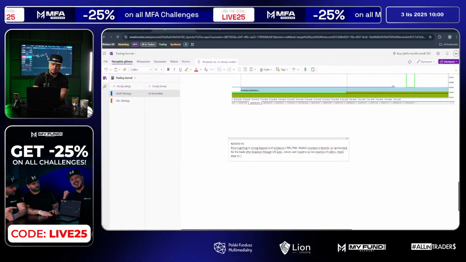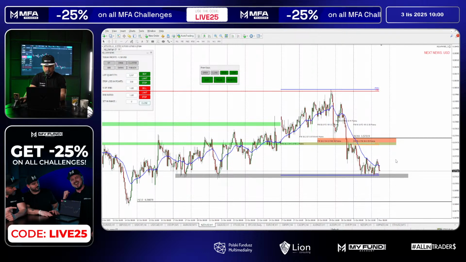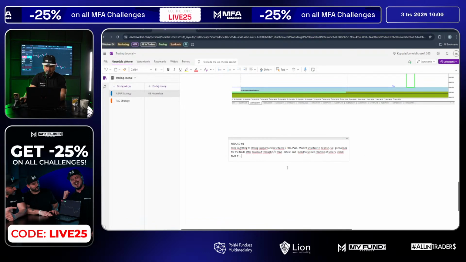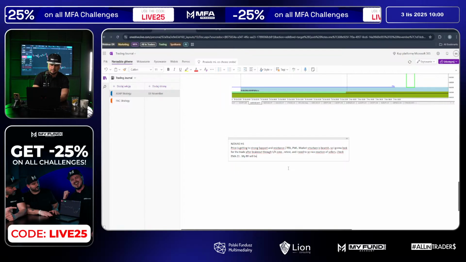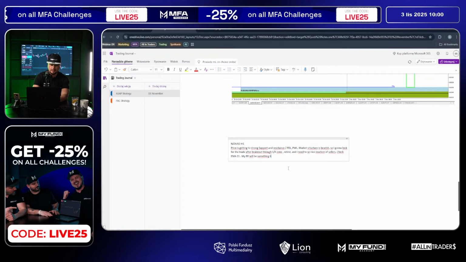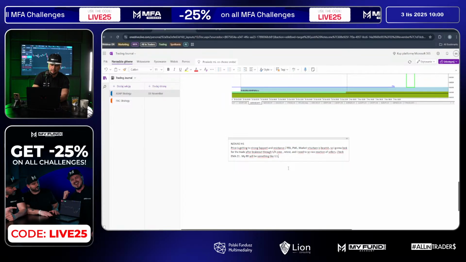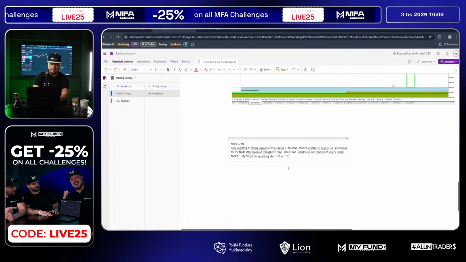Check EMA 21, exponential moving average 21. My RR will be something like 1 to 1.5 or 1 to 2.